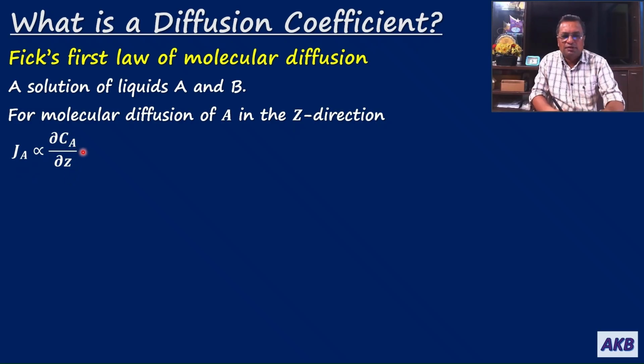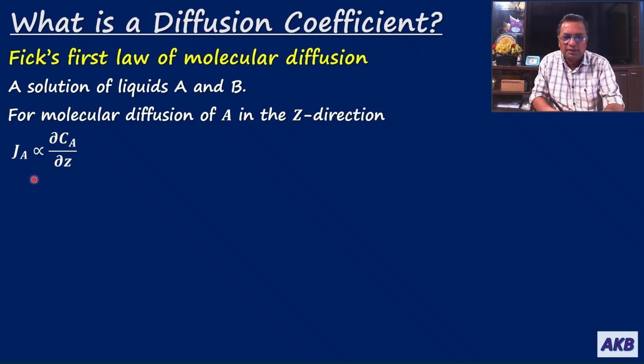So here in the mathematical expression we have used a partial derivative. So this indicates that diffusion can also happen in the other two directions, X and Y direction.